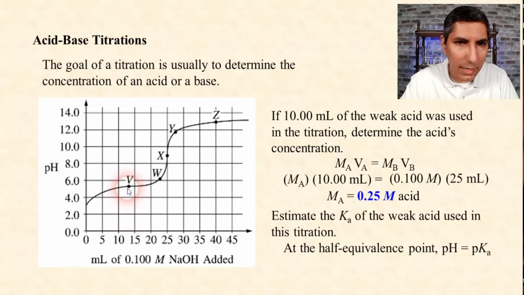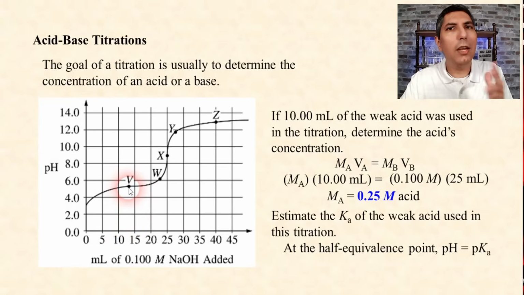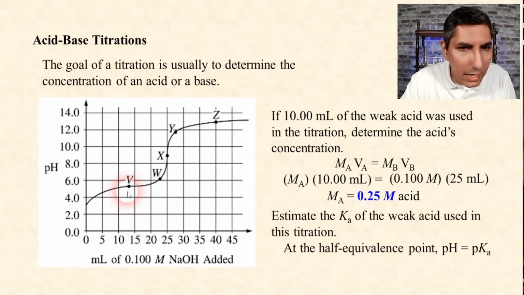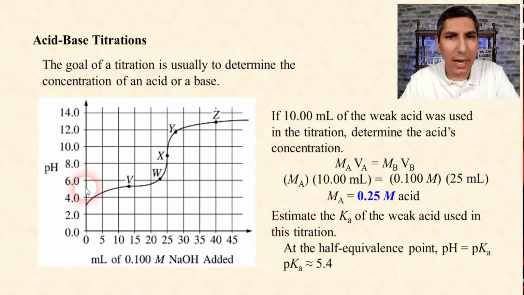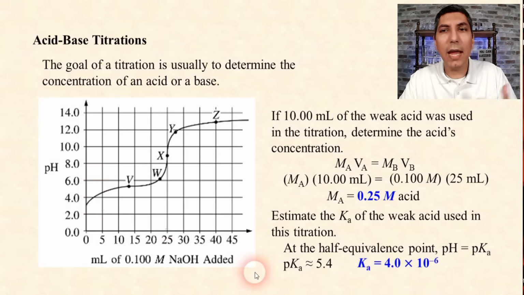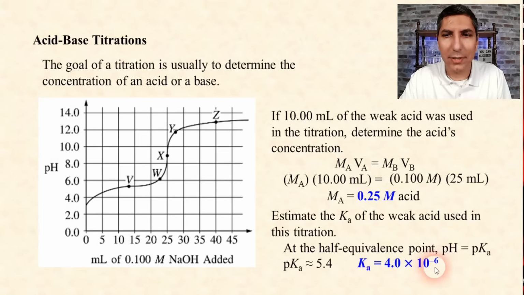Looks like it's marked V. And at that point, pH equals pKa. And so the pKa, let's see, that pH is somewhere around 5.4 if we just eyeball that. So that means that the Ka is 10 to the negative 5.4, which is very close to 4.0 times 10 to the negative 6.